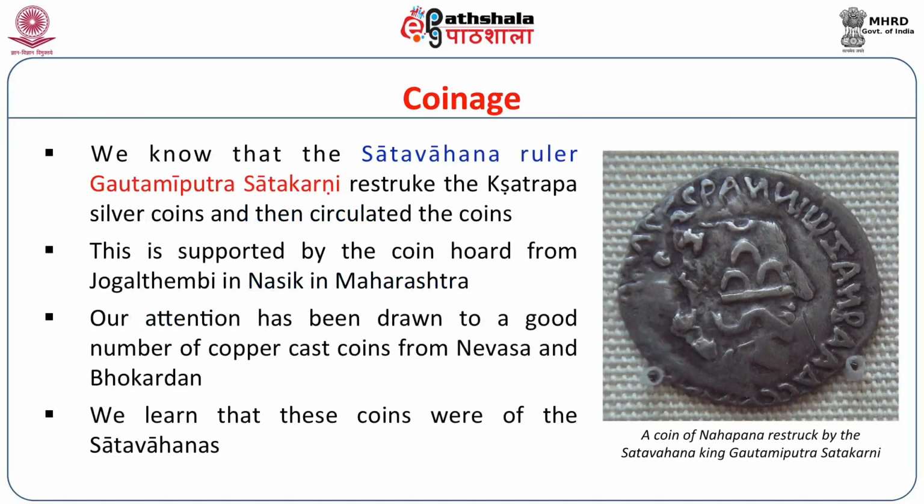We know that the Satavahana ruler Gautamiputra Shatakarni restruck the Khatrapa silver coins and then circulated the coins. These coins have been found from Jogalthembi. Gautamiputra is well known to have defeated the Khatrapa ruler Nahapana, and the coins they had used were restruck by Gautamiputra Shatakarni in order to facilitate the trading exchanges during his time.